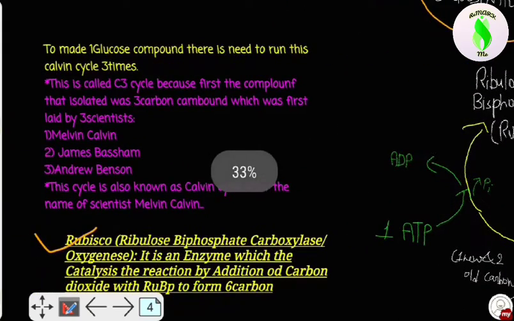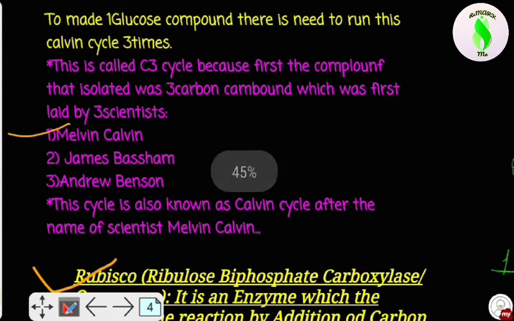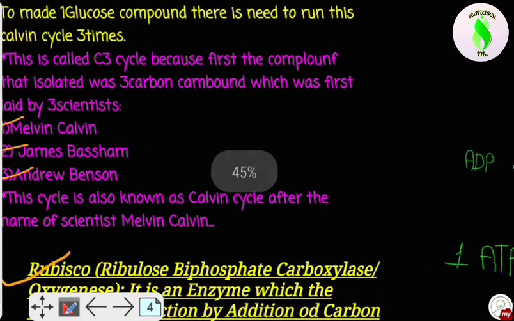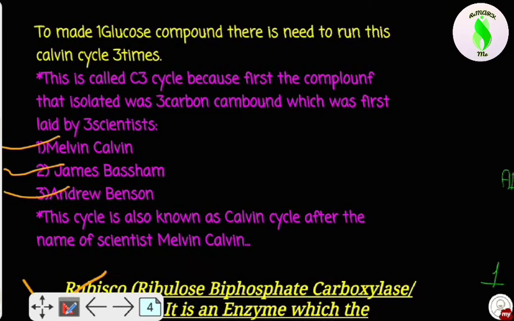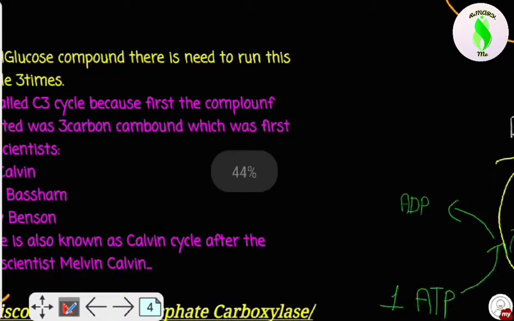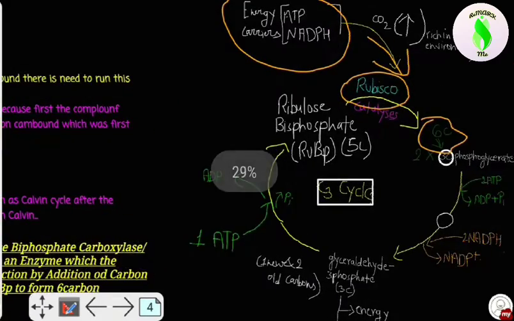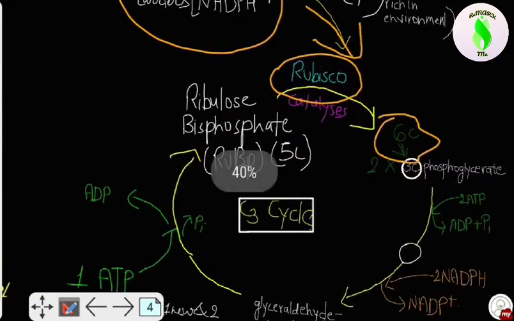They are Melvin Calvin, James Bassham, and Andrew Benson. They were the 3 scientists who first isolated the 3 carbon compound from the 6 carbon compound, and this 3 carbon compound is known as phosphoglycerate.